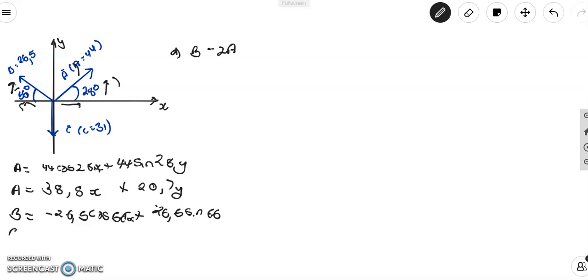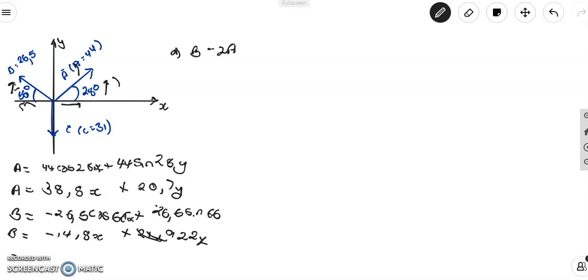Leaving us with B equal to negative 26.5 cos 56, which is minus 14.8x, plus 26.5 sine 56, which is plus 22y.